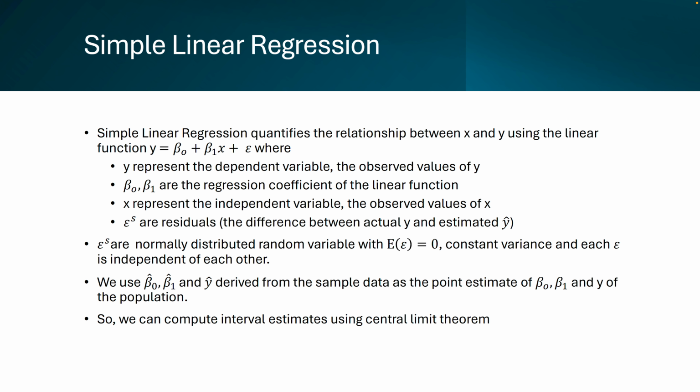Since we have the point estimates and there is an element of uncertainty here, we can compute the interval estimates using the central limit theorem. So we assume the normal distribution of each of these parameters and come up with the interval estimates.